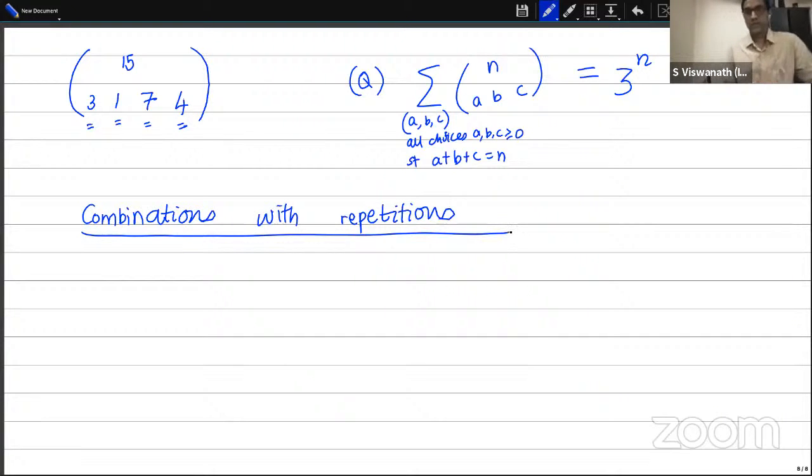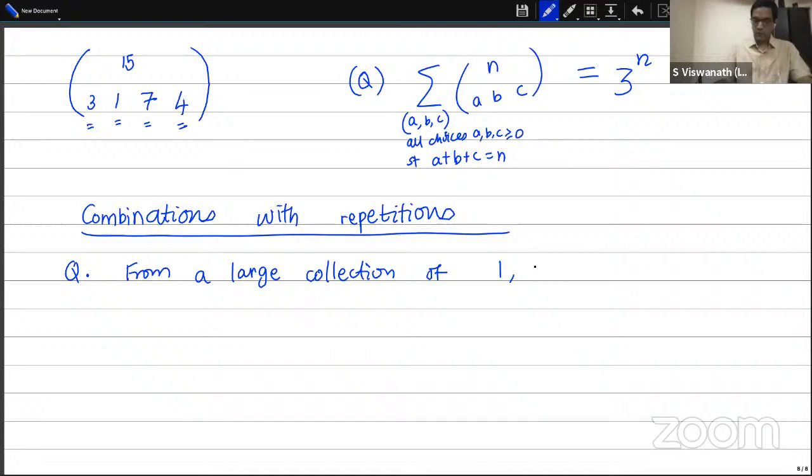Let's start with an actual formulation of a question. Say I have a large collection of 1 rupee, 2 rupees, 5 rupees, and 10 rupee coins.